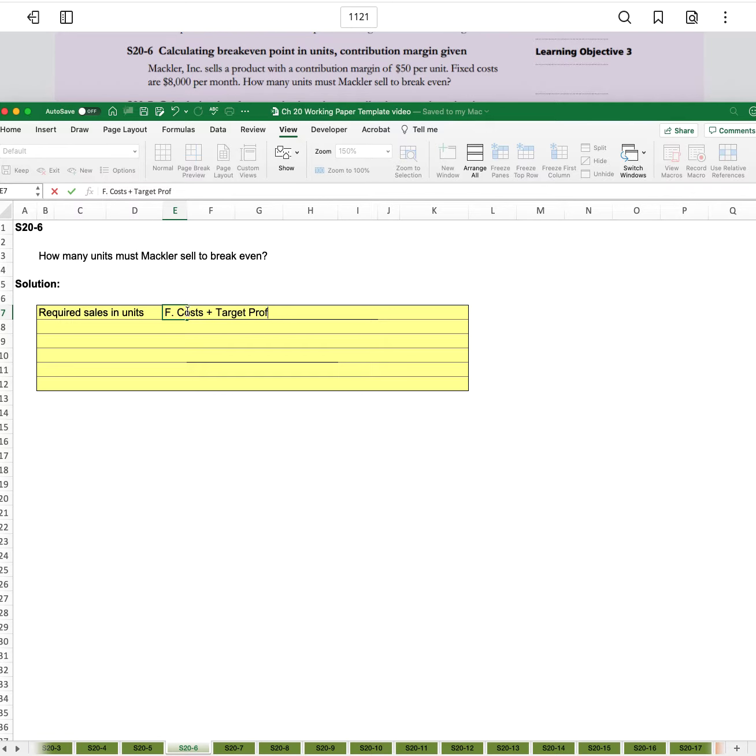If we're just looking to break even, then target profit is 0. So in this case, we can say fixed costs of 8,000 plus 0, divided by contribution margin per unit of 50. Open parentheses here. So we have 8,000 divided by 50 for a total of 160 units.